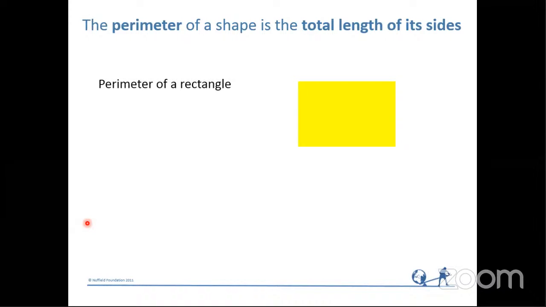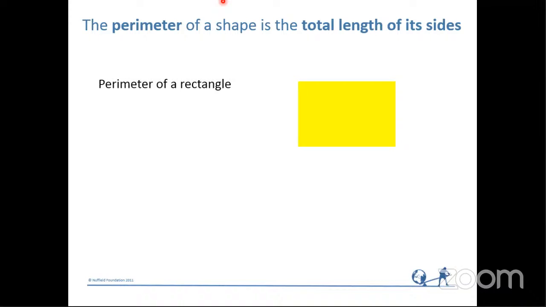So who can tell us the properties of a rectangle? Properties of the rectangle. The length is always longer than the width. Thank you. Another one?